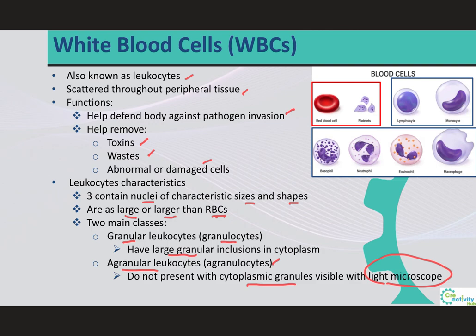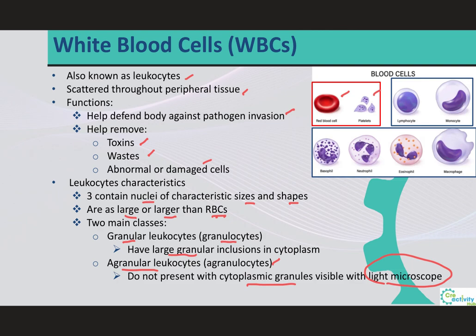It does not mean that they don't have granules, it just means that it's hard for you to see the granules. And on this image, we can see all the blood cell types. The two that are in red are not part of the white blood cell population. Here are the red blood cells and the platelets.